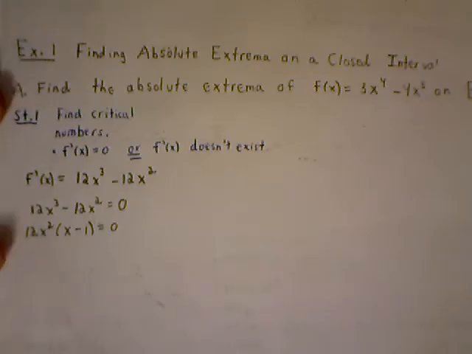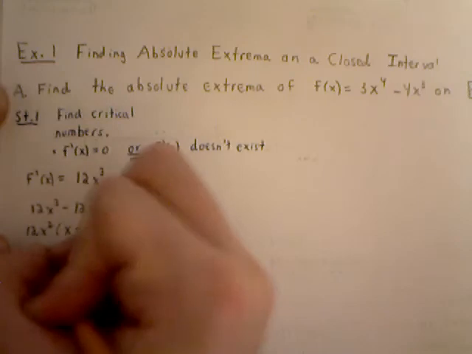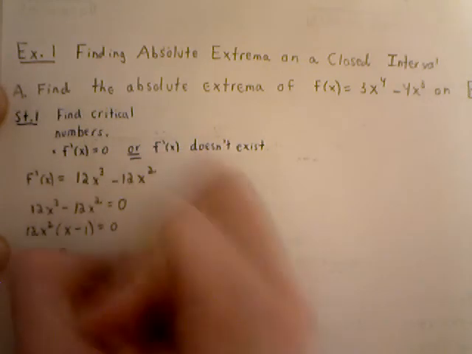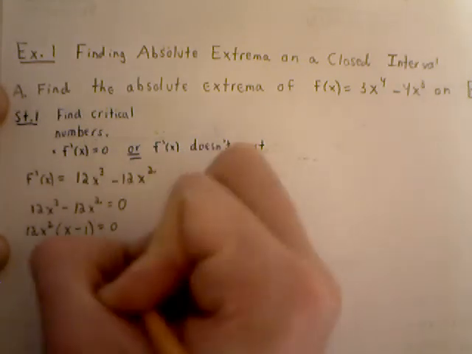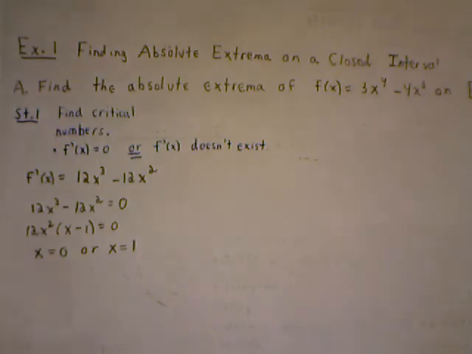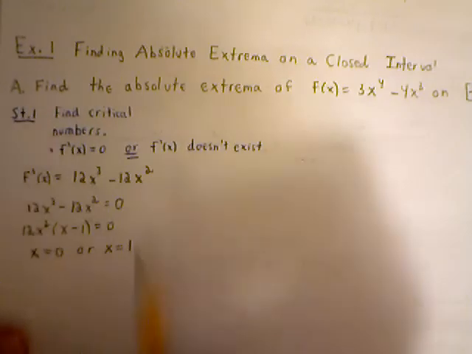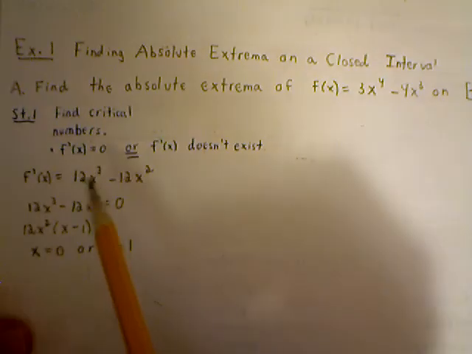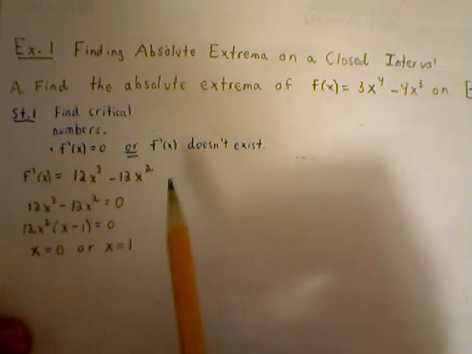So now my critical numbers are either x equals 0 or x equals 1. Now, I notice for the derivative f prime of x, I don't have anything in the denominator, so the derivative always exists.